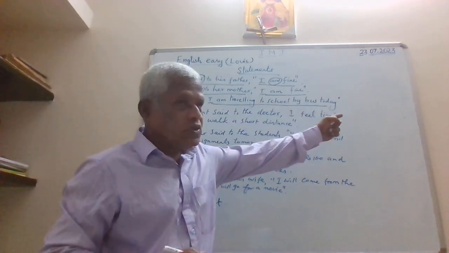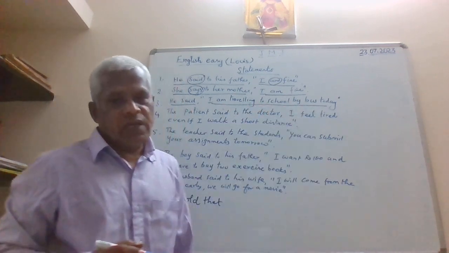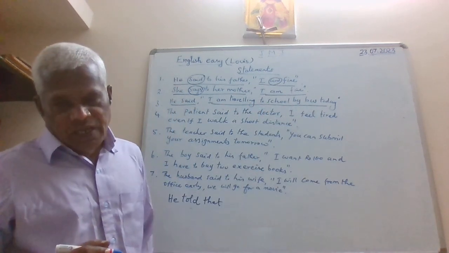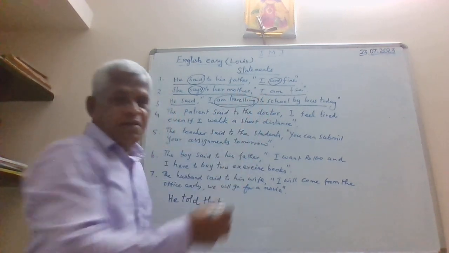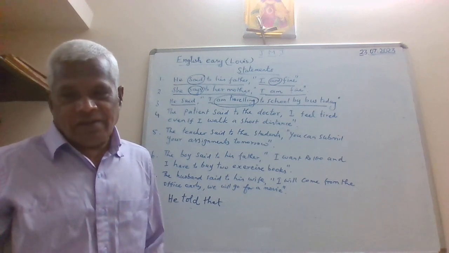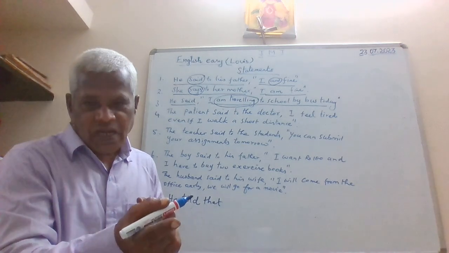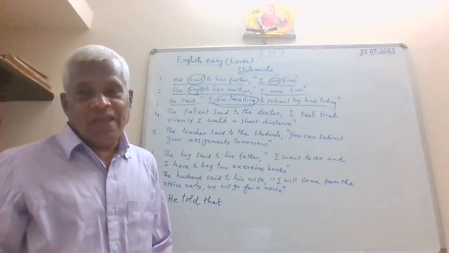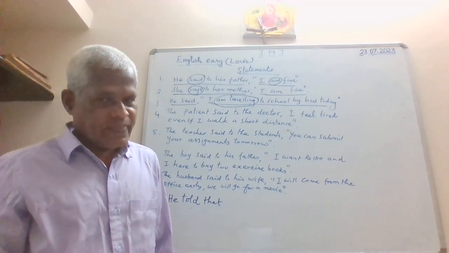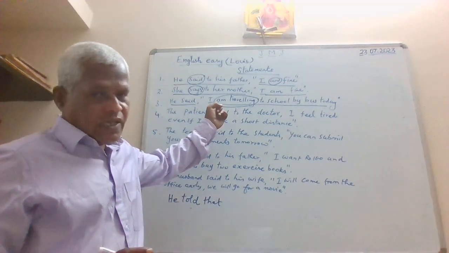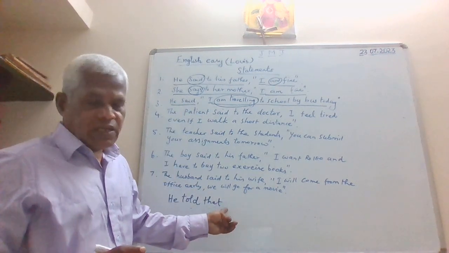Now come back to the portion within the inverted commas. I am traveling to school by bus today. Now what is your verb here? I am traveling. What tense is that? Present continuous tense. So when you are changing present continuous tense to reported speech, it must be changed to past continuous tense. Now what is the subject here? I. I refers to the subject he, so automatically it is changed into he.